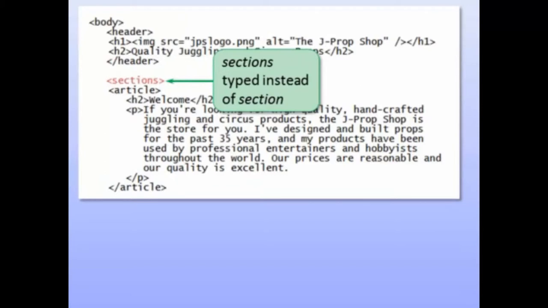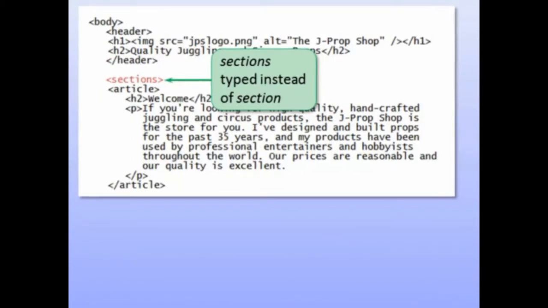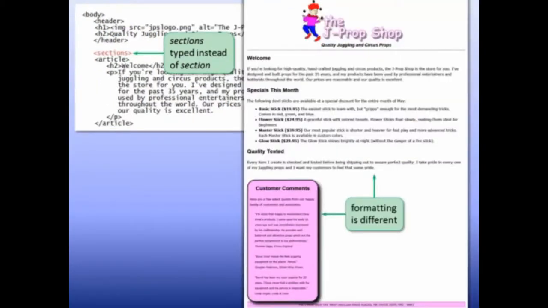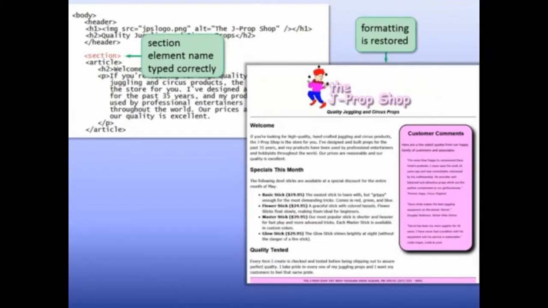For example, suppose while adding the content for this page, you type sections in the tags instead of section. The page is no longer formatted the same way because no style is associated with the sections tag. You can restore the formatting by correcting the typing error in the section element name.